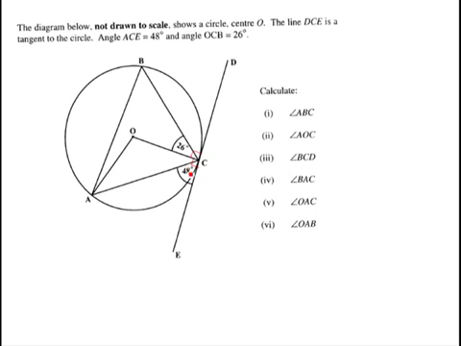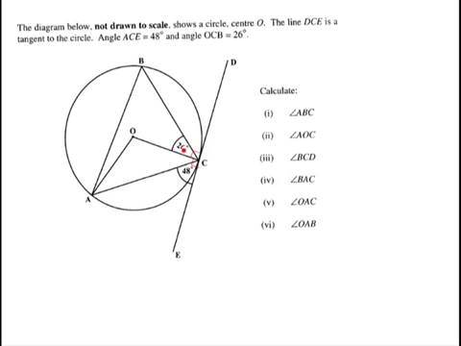What other things should we note as well? All right, so we know this is the chord that divides the circle into a major segment and also a minor segment. Okay, and this angle of 48 degrees between the chord and the tangent here is in the minor segment of the chord AC.